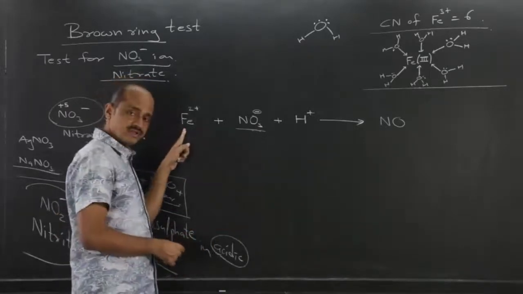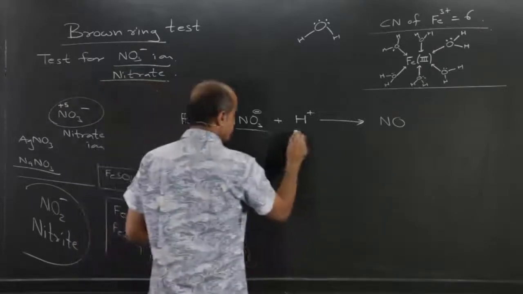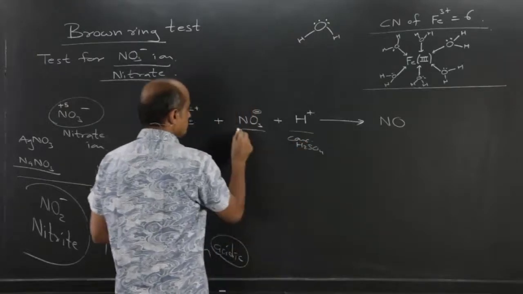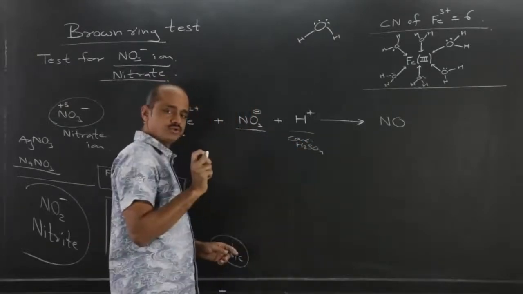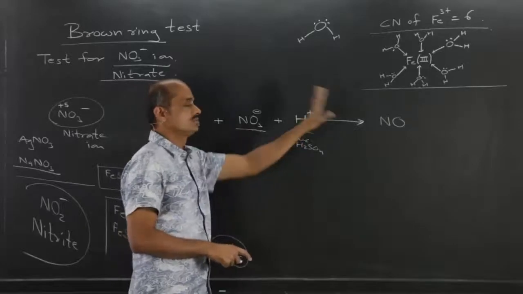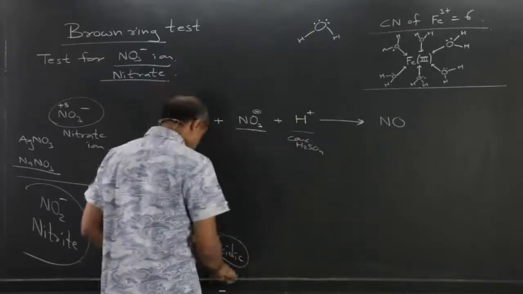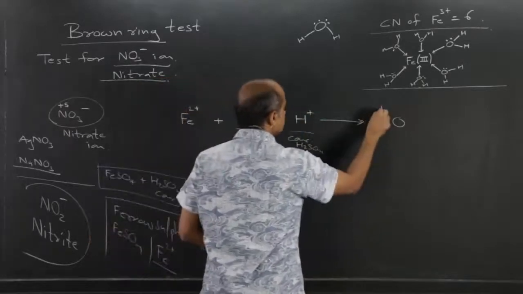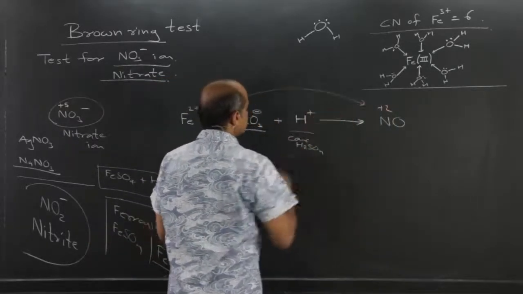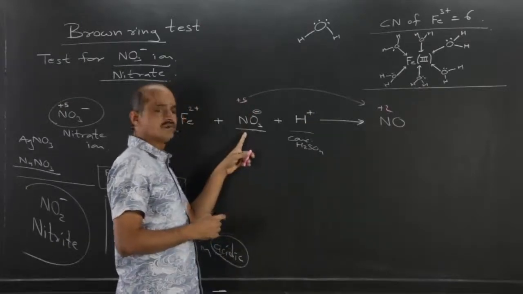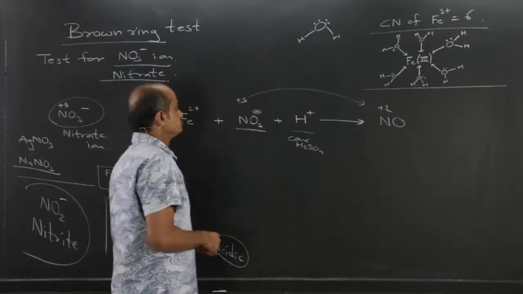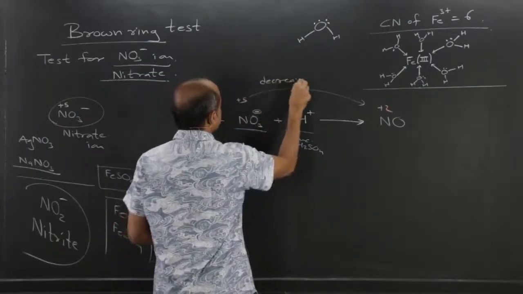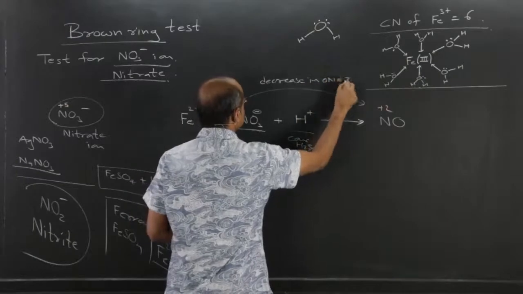So ferrous is in acidic medium, this H plus ion comes from concentrated H2SO4. That much you should remember first: the nitrate ion changes to nitric oxide, which means the plus 5 oxidation number of nitrogen in the nitrate ion changes to plus 2, a decrease in oxidation number by 3.